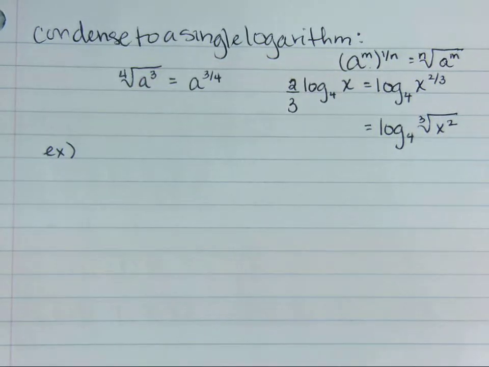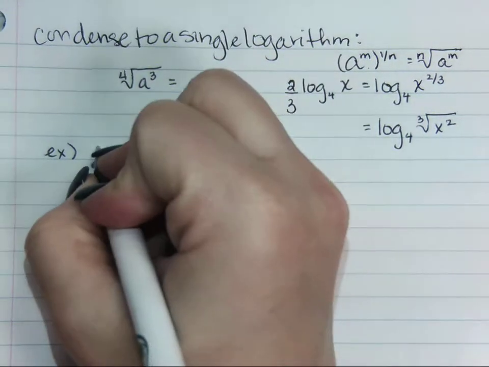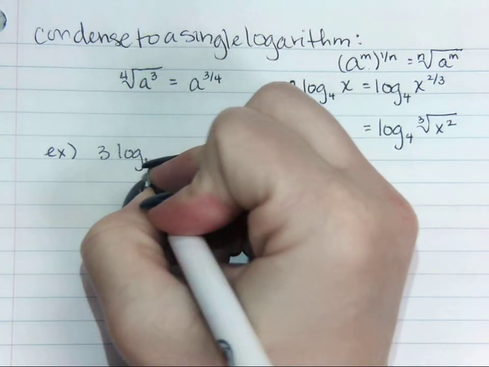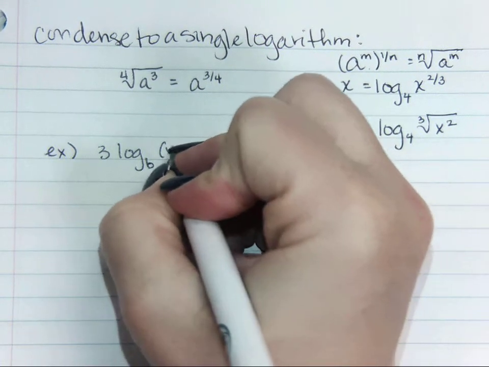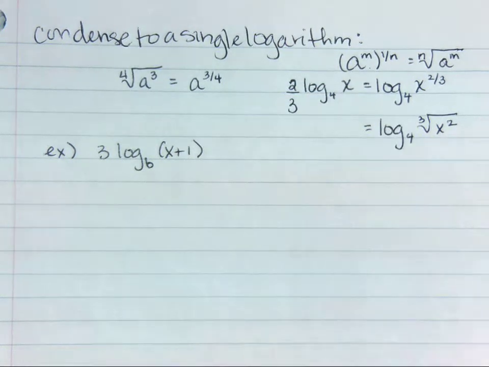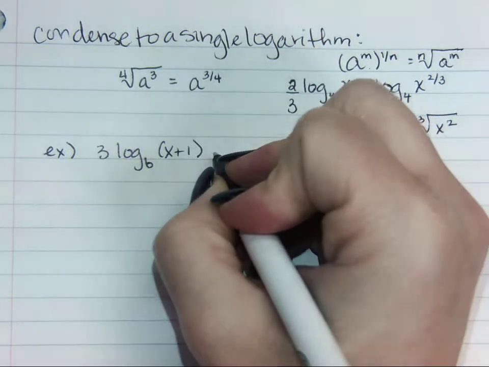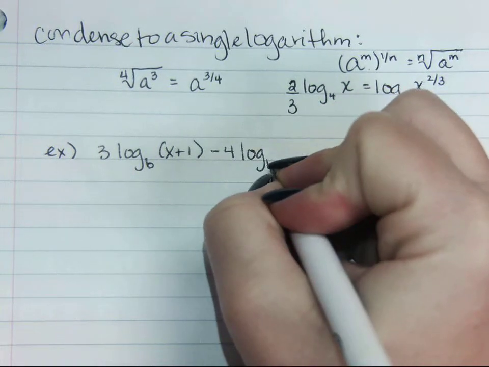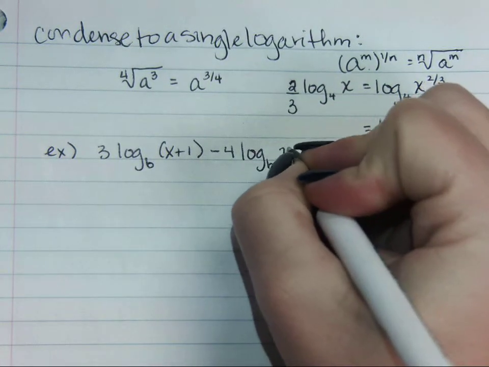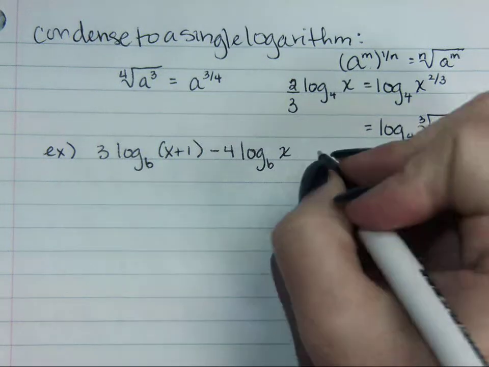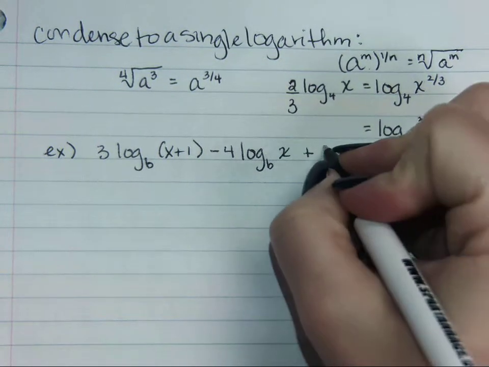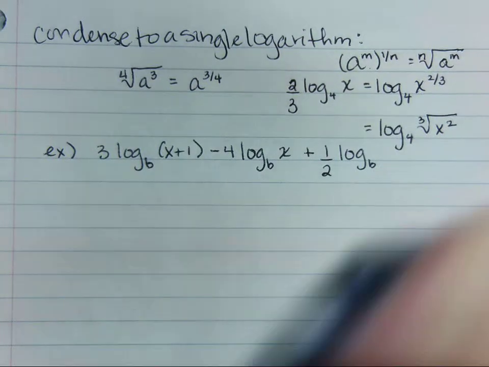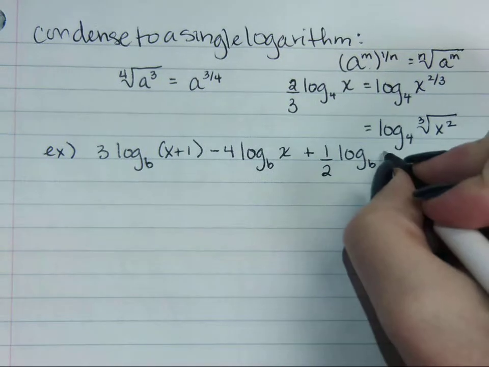So how about we do 3 log base b of x plus 1, and then I'm going to do a minus 4 log base b of x, and then I'm going to add to that a 1/2 log base b of, let's just say, y.